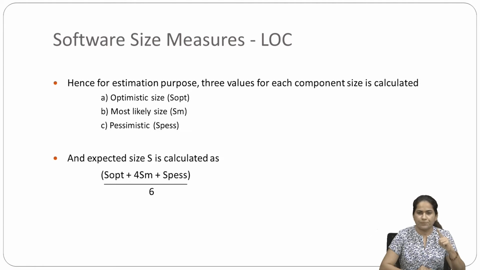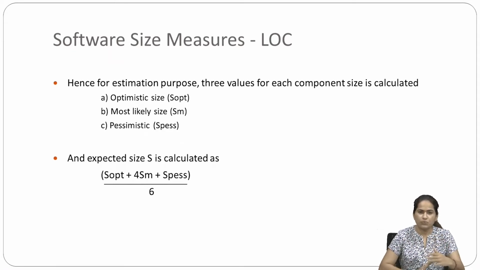When we are talking about the total of these three things, meaning what will be the size of the software, then size S will be calculated with one equation which contains addition of these three types of size values. But at that time we have to multiply the most likely size by 4 when we are trying to find the equal total size of the software.